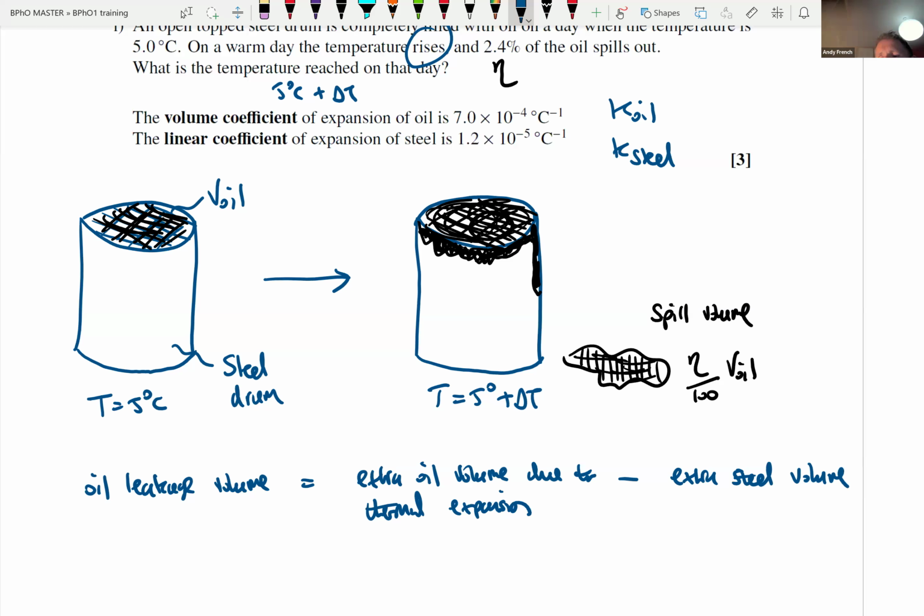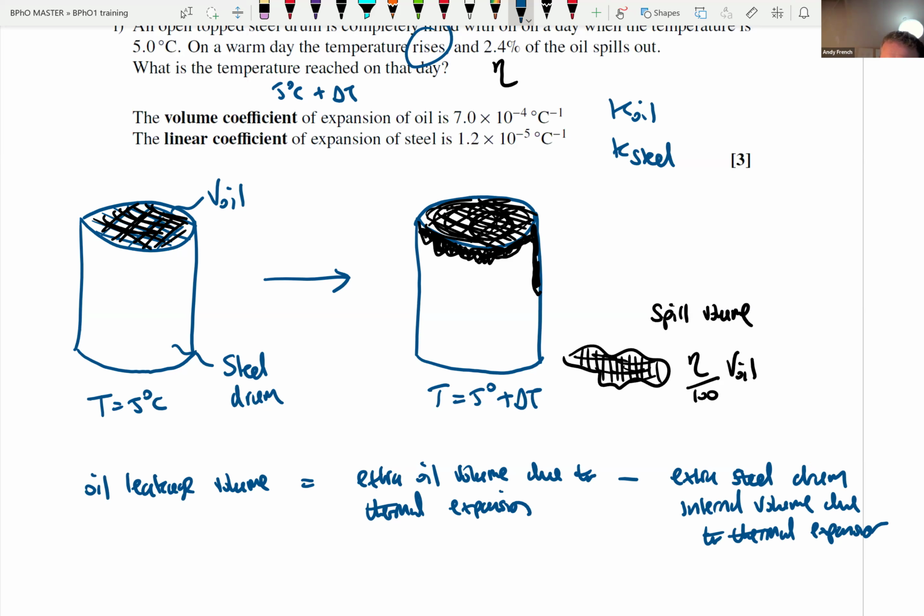Well, it's the steel drum internal volume. It's not really the steel so much. Obviously the steel has expanded, but it's the internal volume that we want, and that's important as well because it's a linear coefficient, due to thermal expansion.